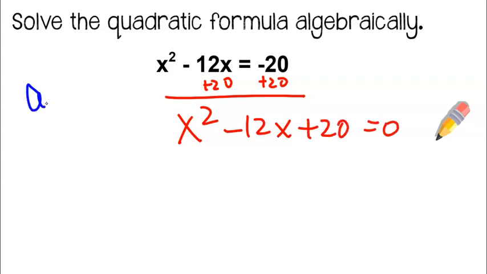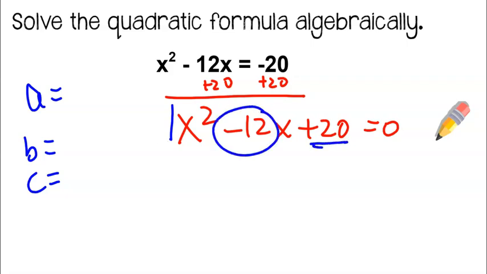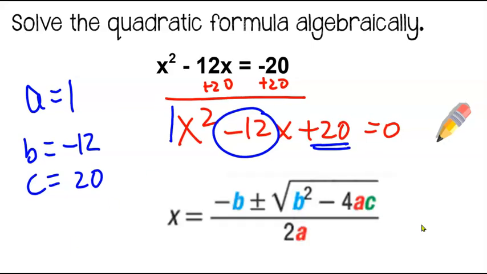Now we can identify our a, our b, and our c values. A is the coefficient of x squared, b is the coefficient of x, and c is the constant. So our values are 1, negative 12, and 20. Now the quadratic formula will be given to you on your reference sheet.